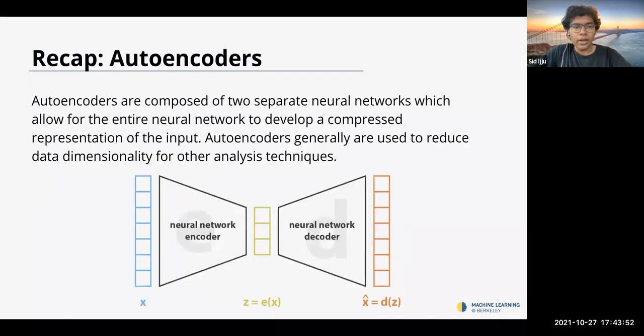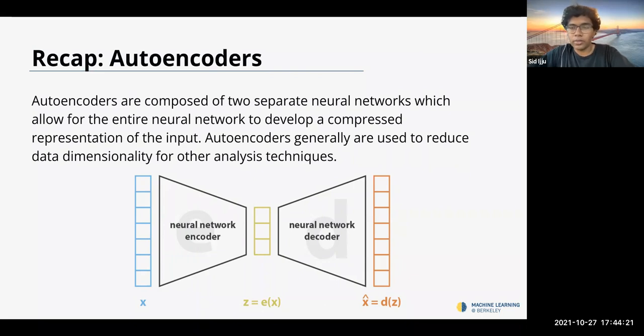And finally, we have a recap of autoencoders. Autoencoders are a type of deep neural network composed of 2 separate neural networks, which allows the entire network to develop a compressed representation of whatever the input is. The key feature of the autoencoder is that the input and the output should be the exact same, as in this is an unsupervised learning method, so it doesn't require labels for the input data.